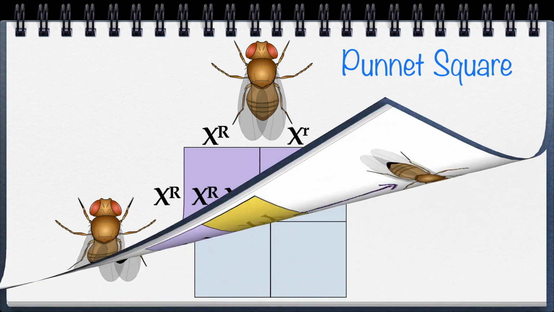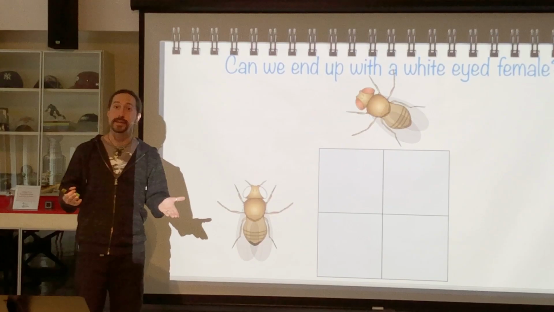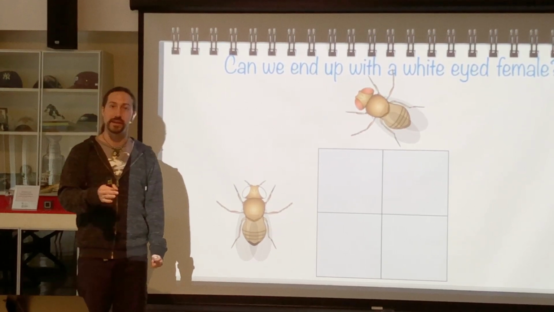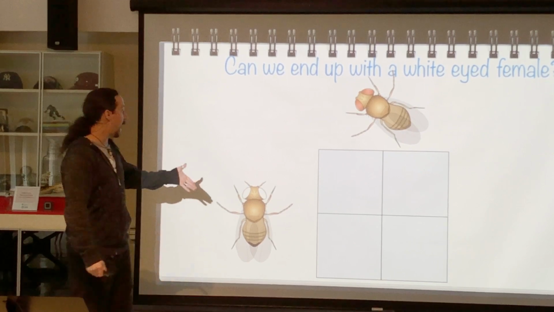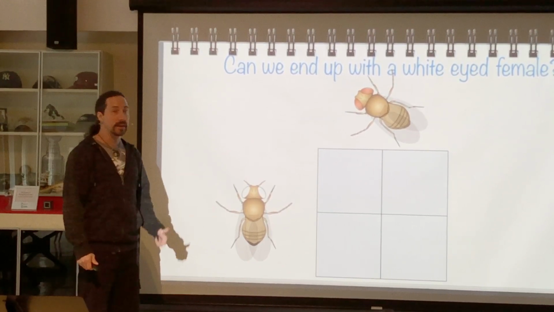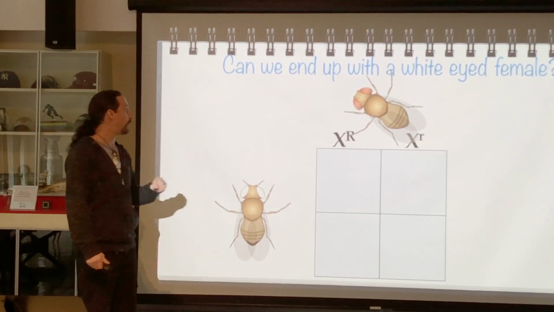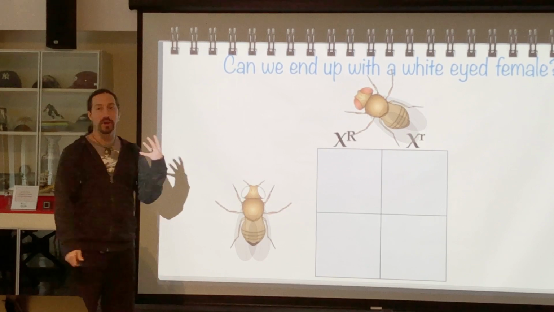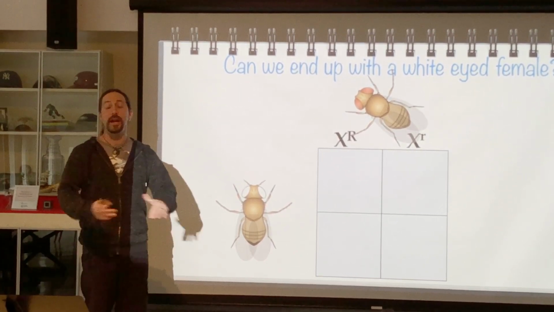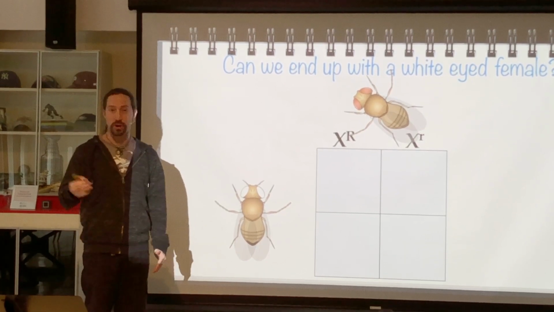Could you end up with a white-eyed female? Yes, but only under very specific circumstances. First, you need to have a white-eyed male parent. Second, you must have at minimum a heterozygote female parent. Otherwise, the female cannot pass on the recessive allele. If she's homozygous recessive, if she has white eyes as well, this would also work.